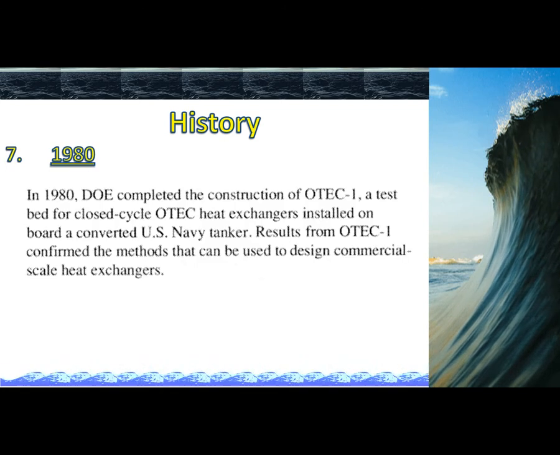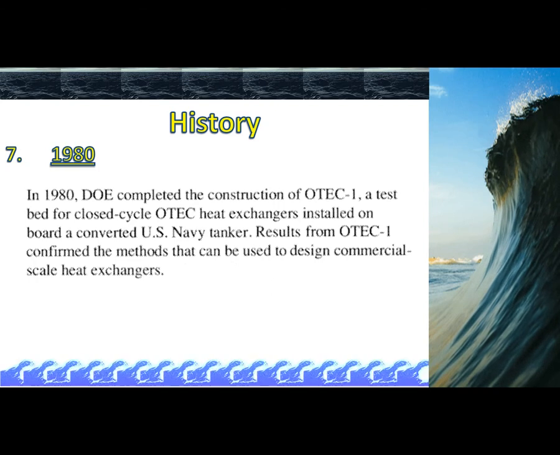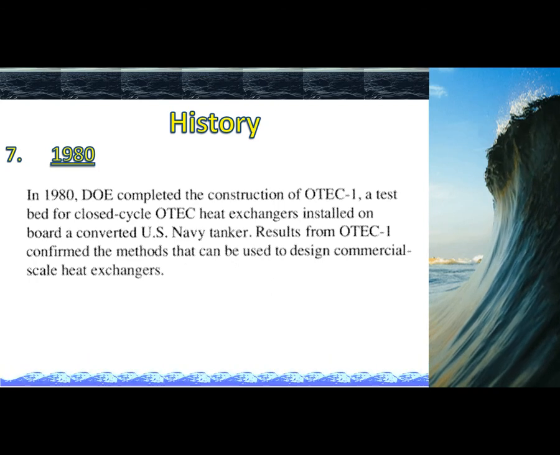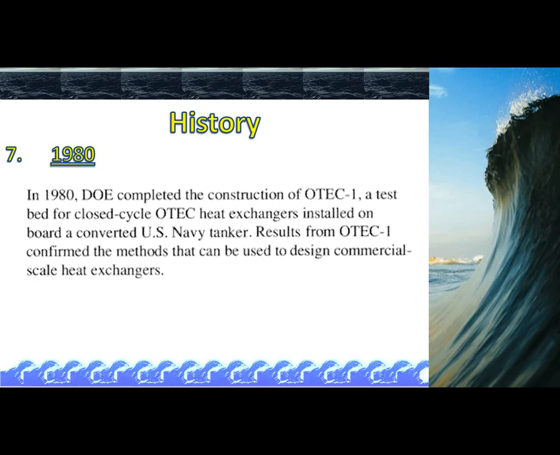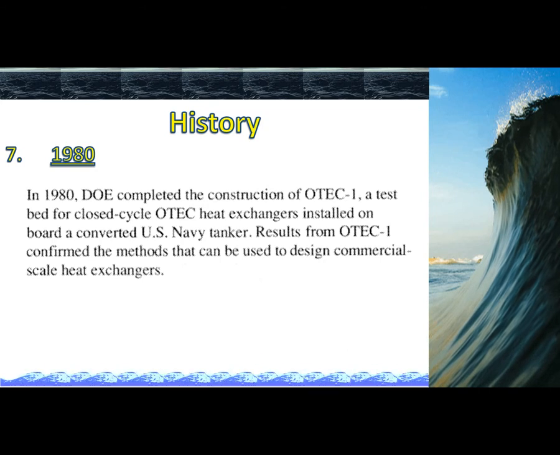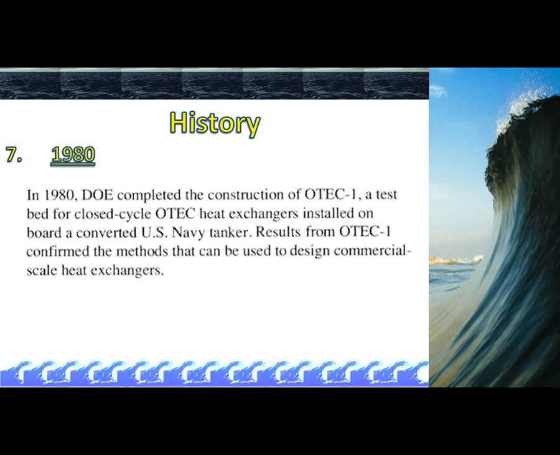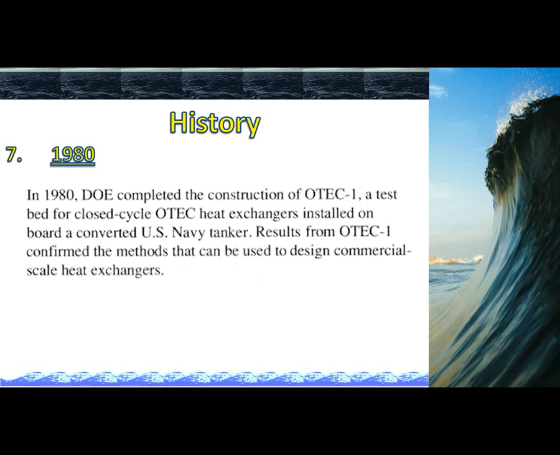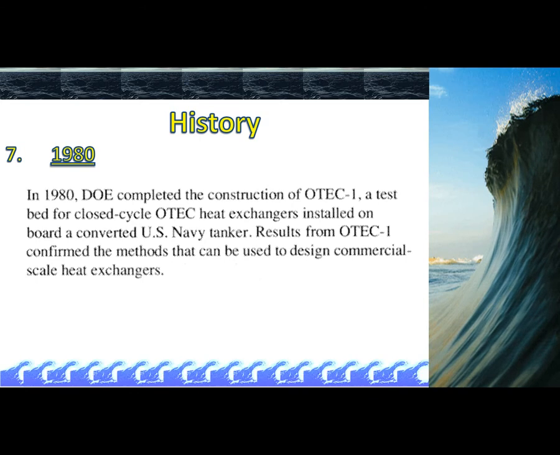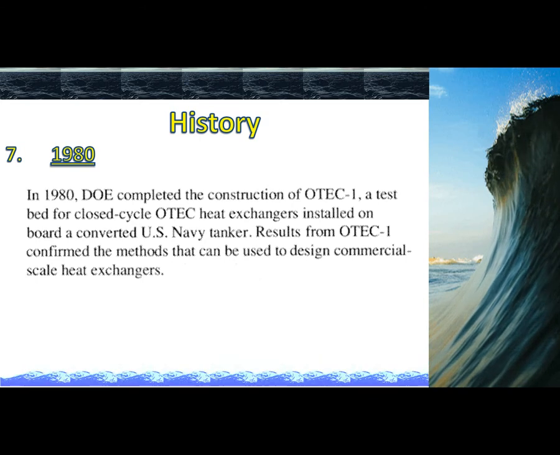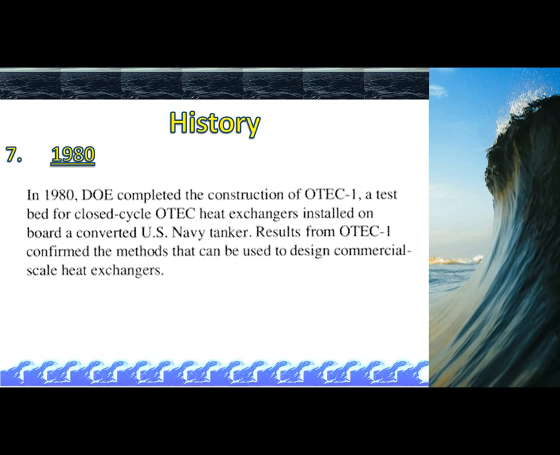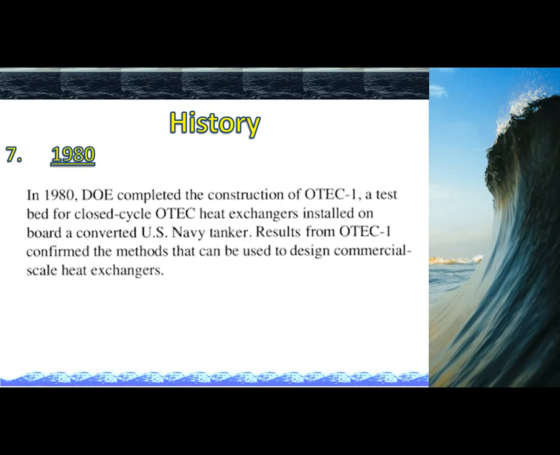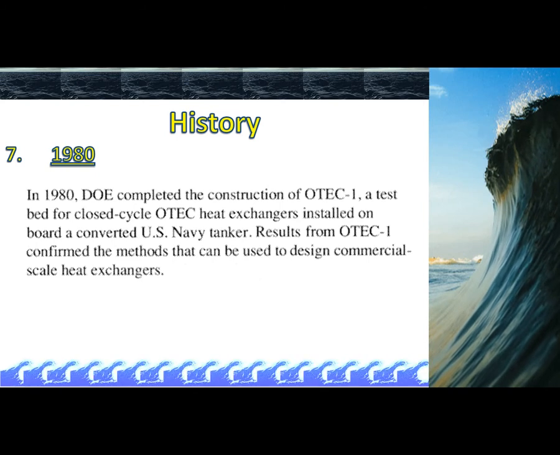In 1980, DOE completed the construction of OTEC-1, a testbed for closed-cycle ocean thermal energy conversion heat exchangers installed on board a converted U.S. Navy tanker. Results from OTEC-1 confirmed the methods that can be used to design commercial-scale heat exchangers.